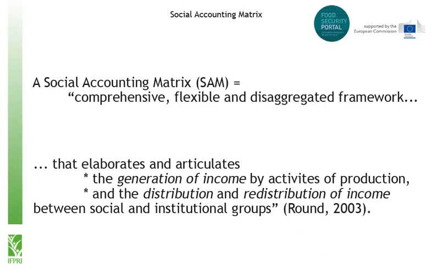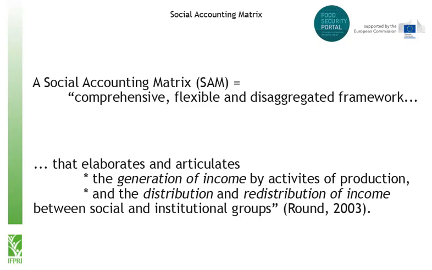And so the second part of this definition means that we do not have only the generations of income by activities of production, we also have the distribution of this income. So from the production activity to the productive factors, then from the productive factors to households or enterprises.